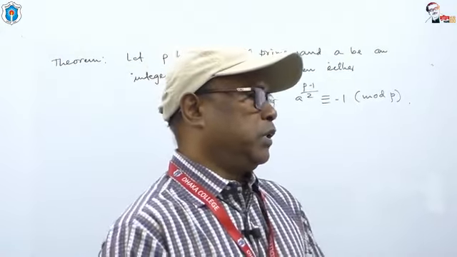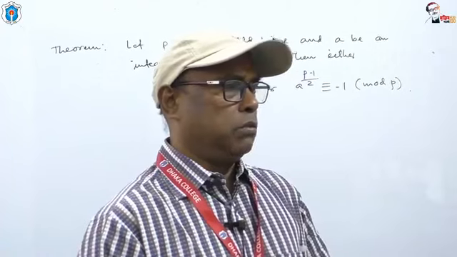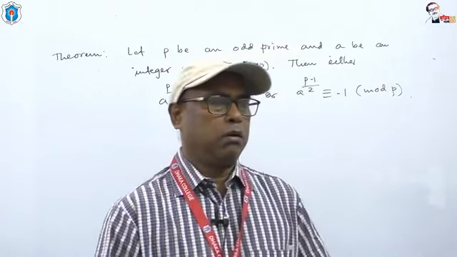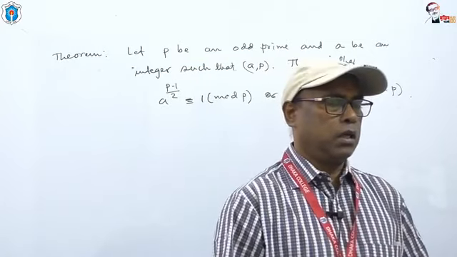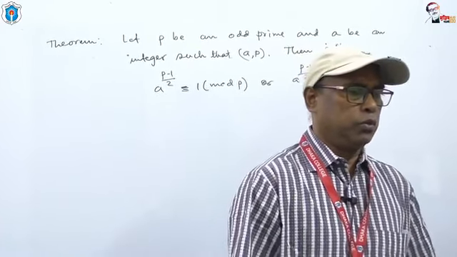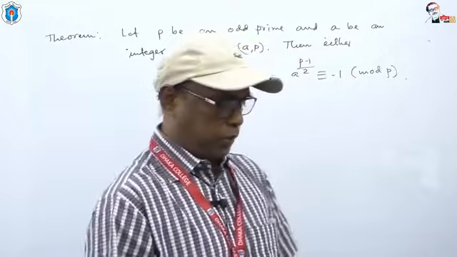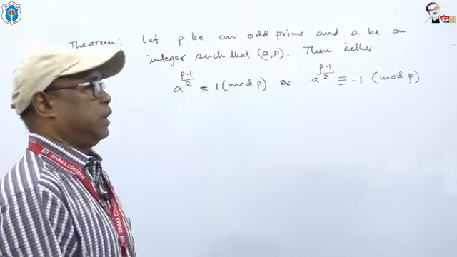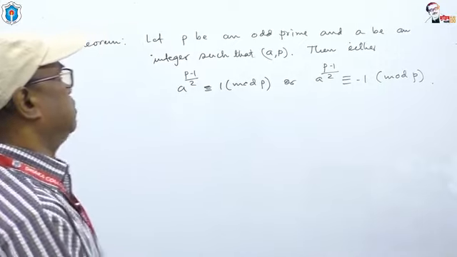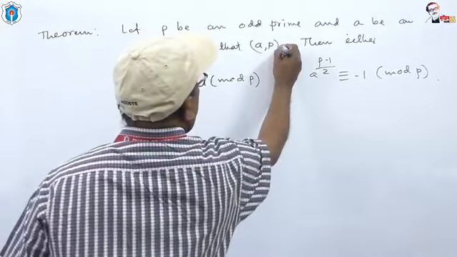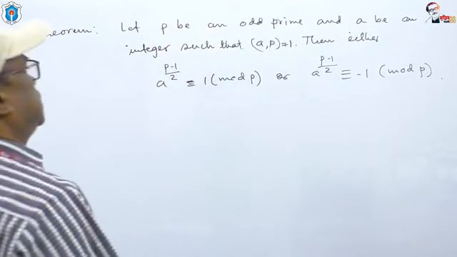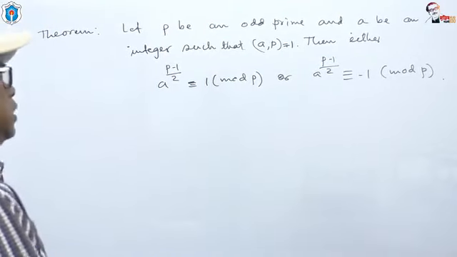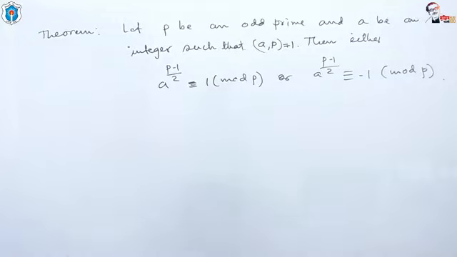We have to prove that a to the power (p minus 1)/2 congruent to 1 mod p or a to the power (p minus 1)/2 congruent to minus 1 mod p. Since p is a prime number and GCD of a and p equal to 1, we can use Fermat's theorem.